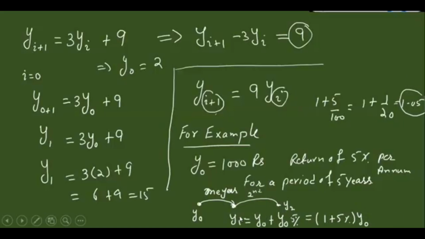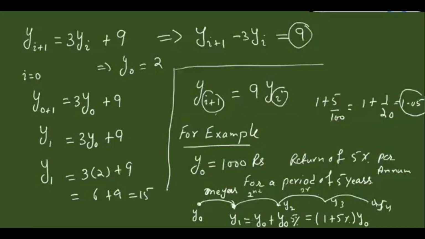Mathematically speaking, I can repeat this process many times. What I am generating now is discrete data. I have y0, I will get y1, and based on some logic I will get y2. Similarly this process will continue. I will get y3 at the end of the third year, then y4.